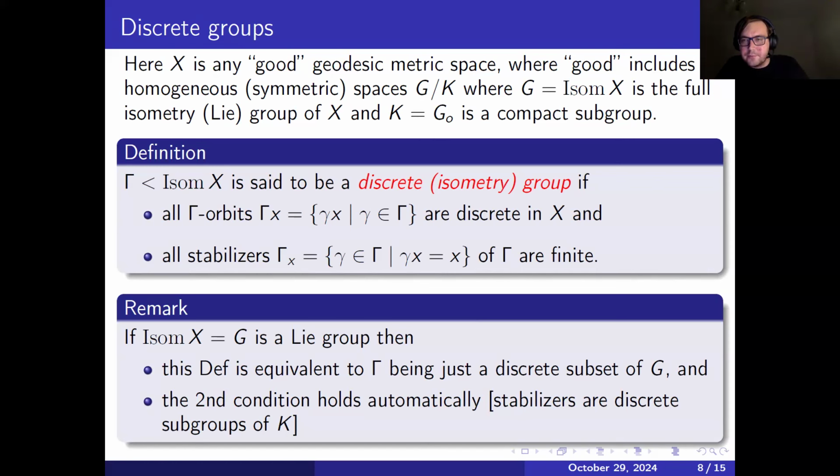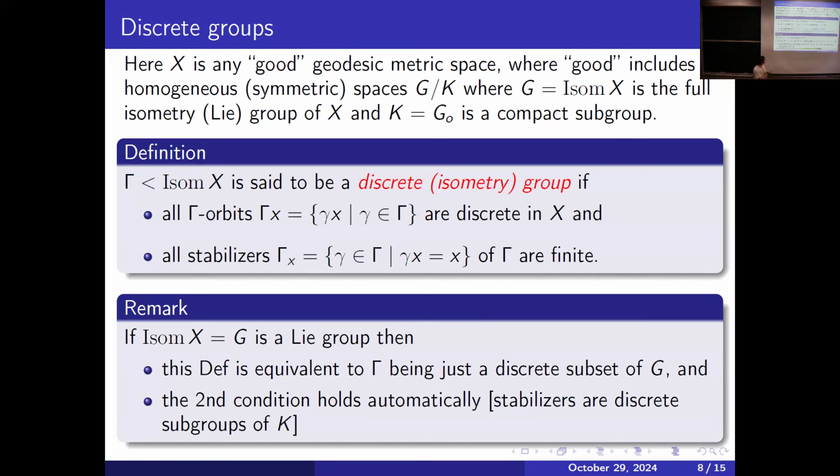You can have a compact space with a discrete subset which is not compact, but in this case it is a nice compact subset. Since it's a compact Lie group, it's a nice compact subset in R^n, and that's already enough to conclude that you should have finite stabilizers. Yeah, thanks for the comment.